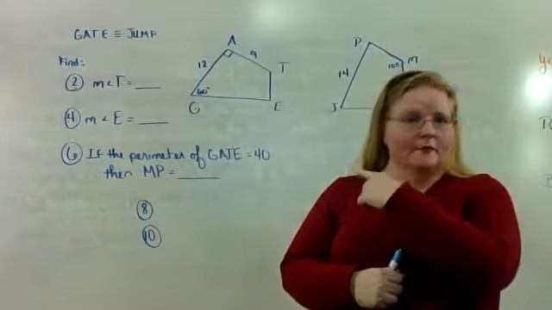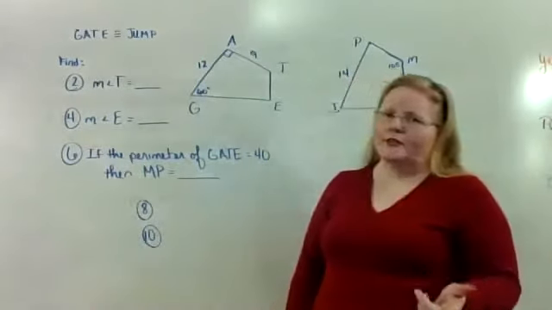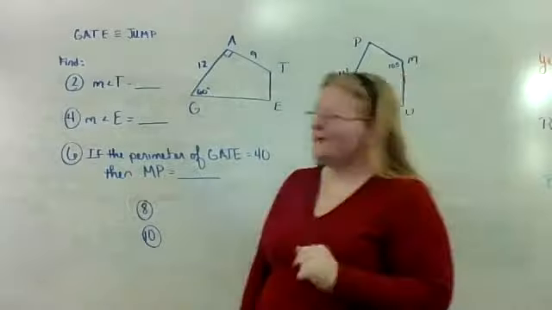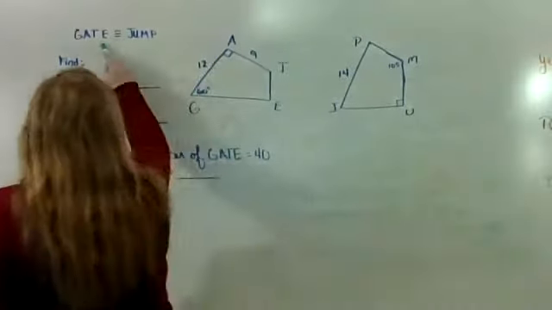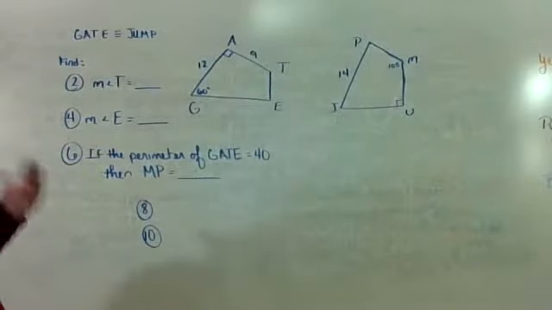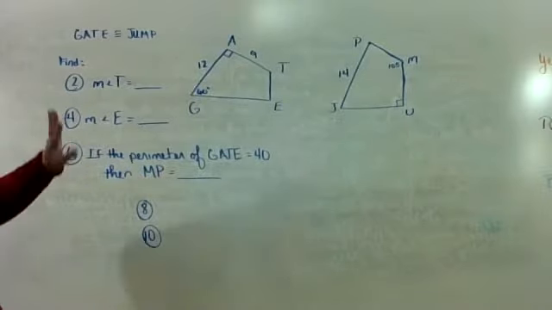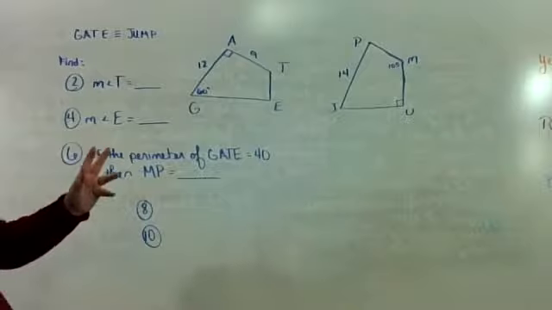Okay, my turn. I wrote it to make it easier for everyone to understand. They told you that GATE is congruent to JUMP, which automatically means I should be able to line everything up and fill everything in.